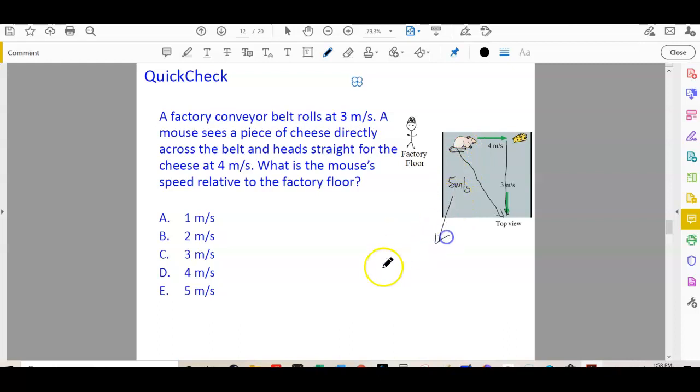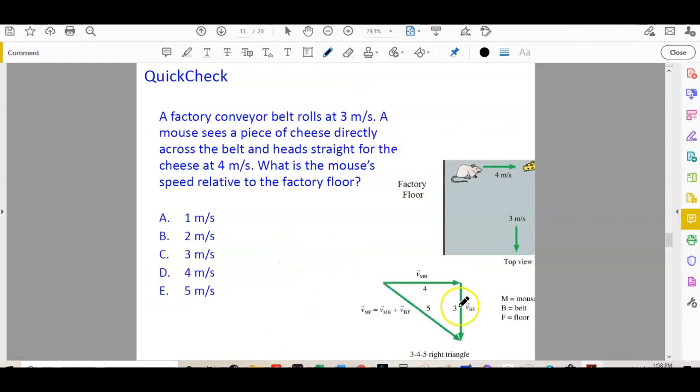So to get this, you just take the square root of the two sides, which is 3 meters per second squared. Well, it's actually negative because it's traveling in the negative y direction. This is in the positive 4 direction squared, plus positive 4 meters per second squared, and that's equal to 5 meters per second. Okay, so the answer should be E.